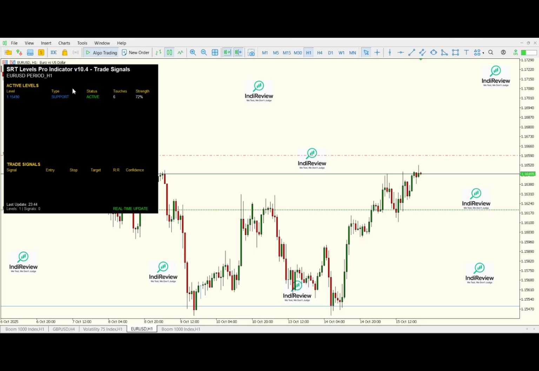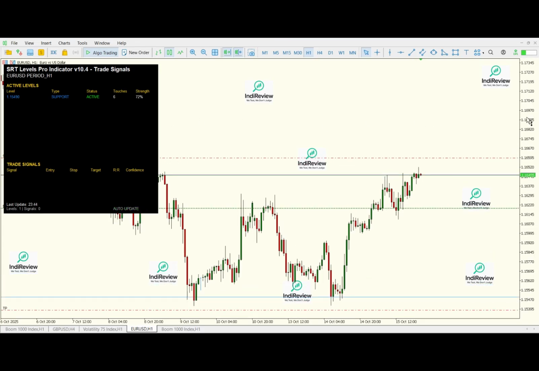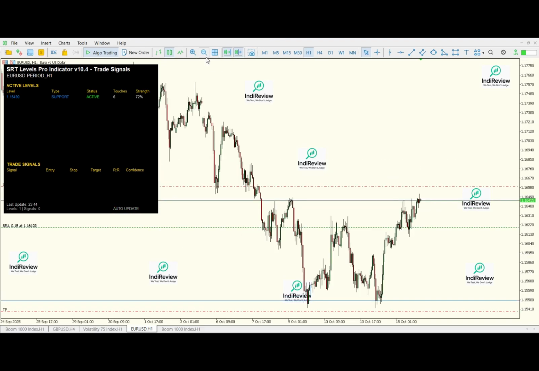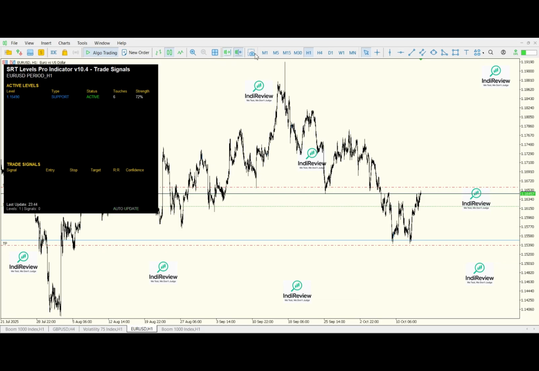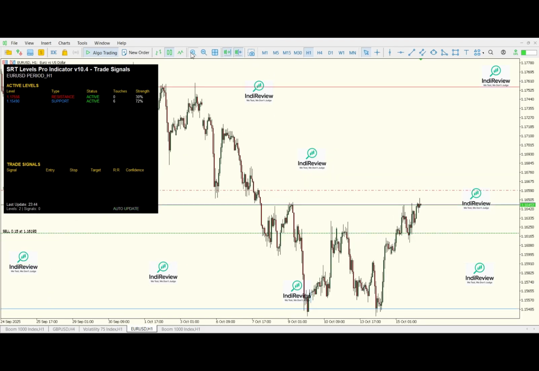I don't need to label it. And then for resistance, I can draw a resistance maybe up here. So let's draw my resistance here. It identifies this line as resistance.